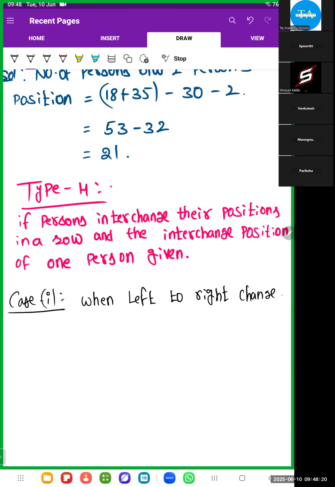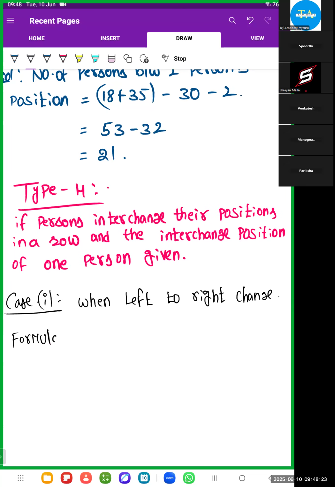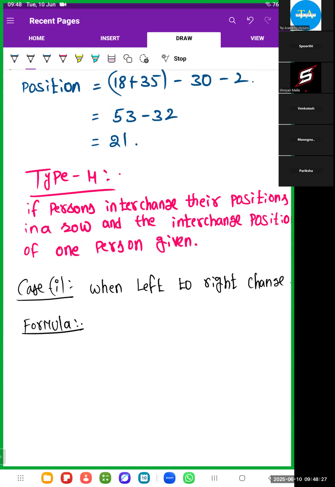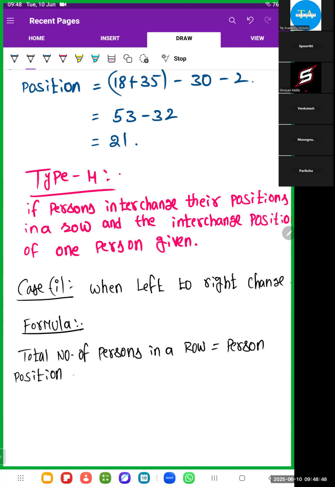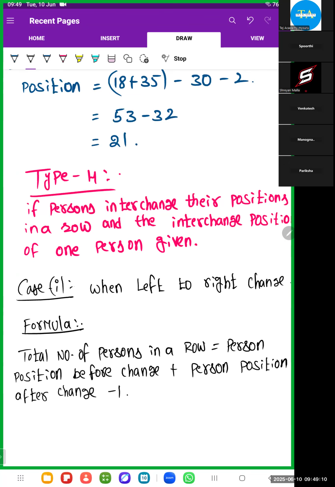In such a case, the formula is: total number of persons in a row is equal to the person position before change plus the person position after change minus 1.